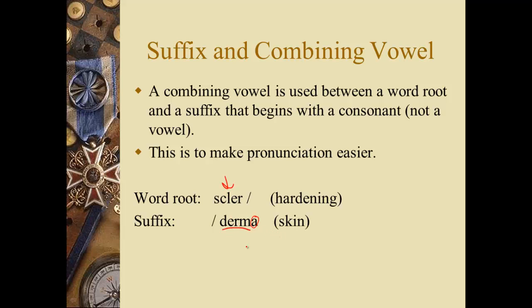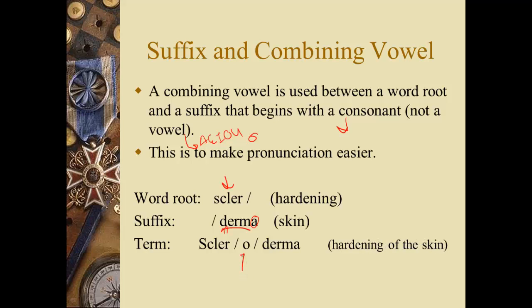Scleroderma is tough to say. Remember, we're going to put a combining vowel in here, which again is usually an O, because this starts with a consonant. Hopefully you remember your vowels, A, E, I, O, U. Right? That's a vowel. A consonant is anything other than A, E, I, O, or U. So what are we going to do? We're going to add a combining vowel right here. Scleroderma is hardening of the skin.